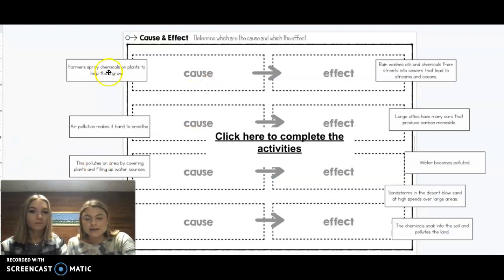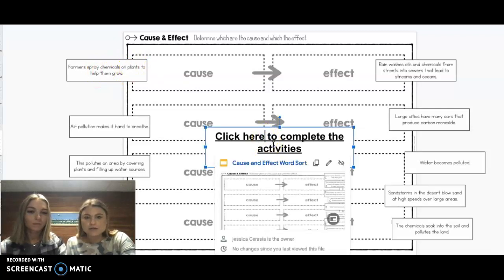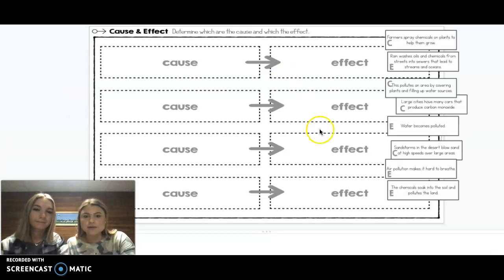Here is the cause and effect sort. You aren't going to be able to move it on yours, so you're going to click here and it's going to bring you to where I already have it uploaded. They're all labeled which one's the cause and which one's the effect, but you just have to match them. For some reason it's not letting me do it.